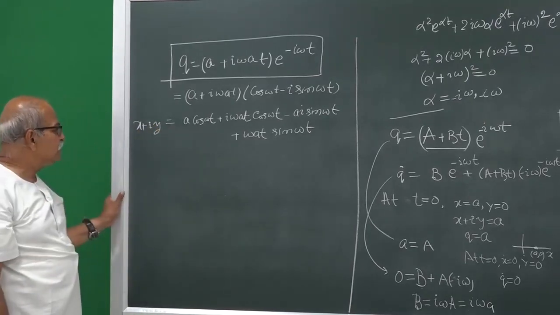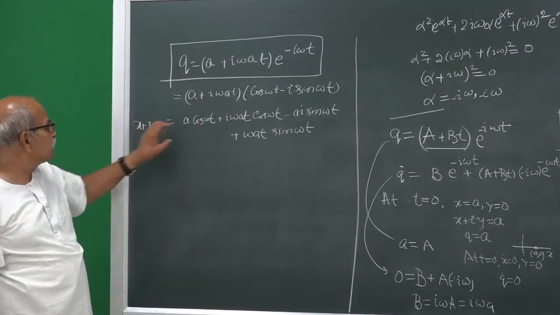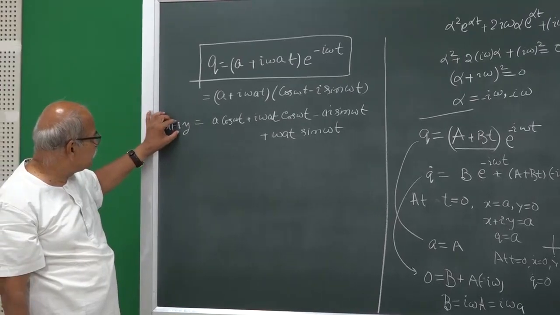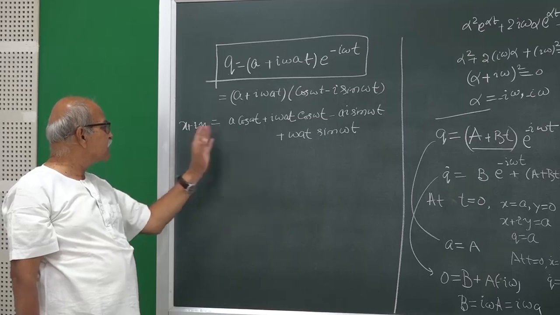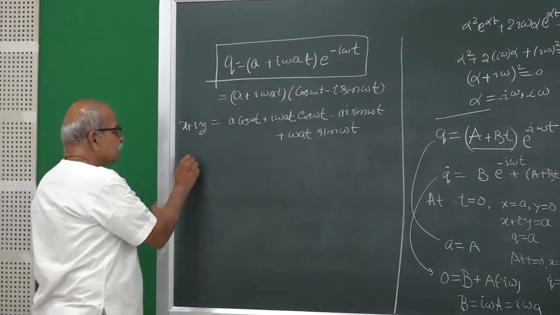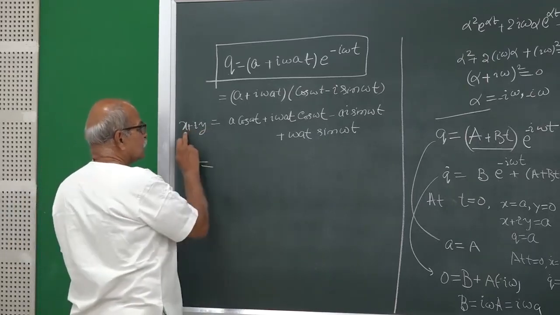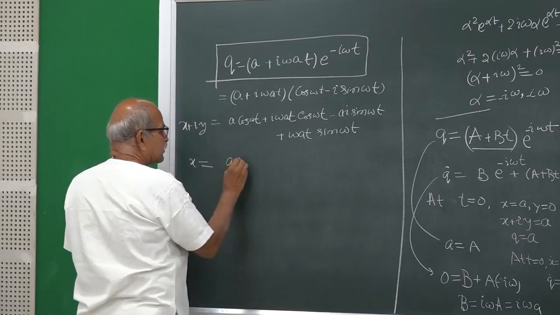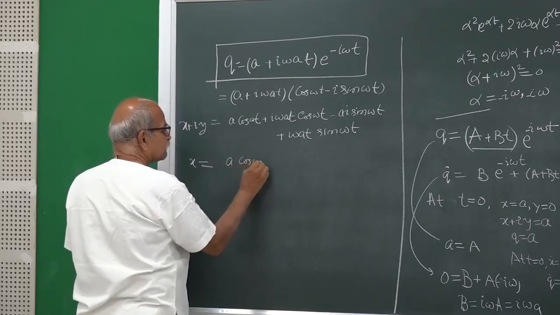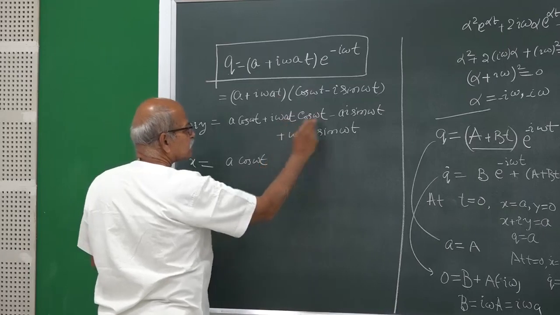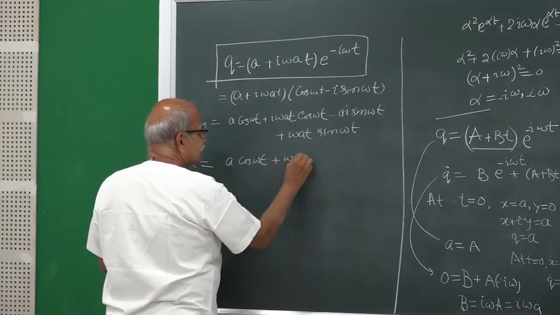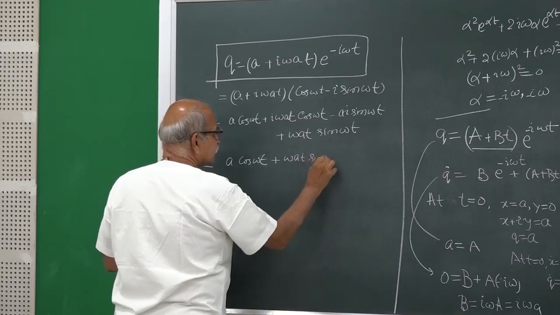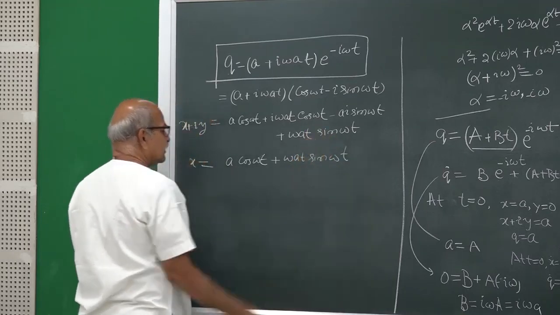Now, if you have two complex numbers with a real part plus i times the imaginary part on both sides, then you can equate the real parts and the imaginary parts separately. So, x is equal to a cos omega t, real part only, plus omega a t sin omega t. This is the imaginary part, this is the real part.